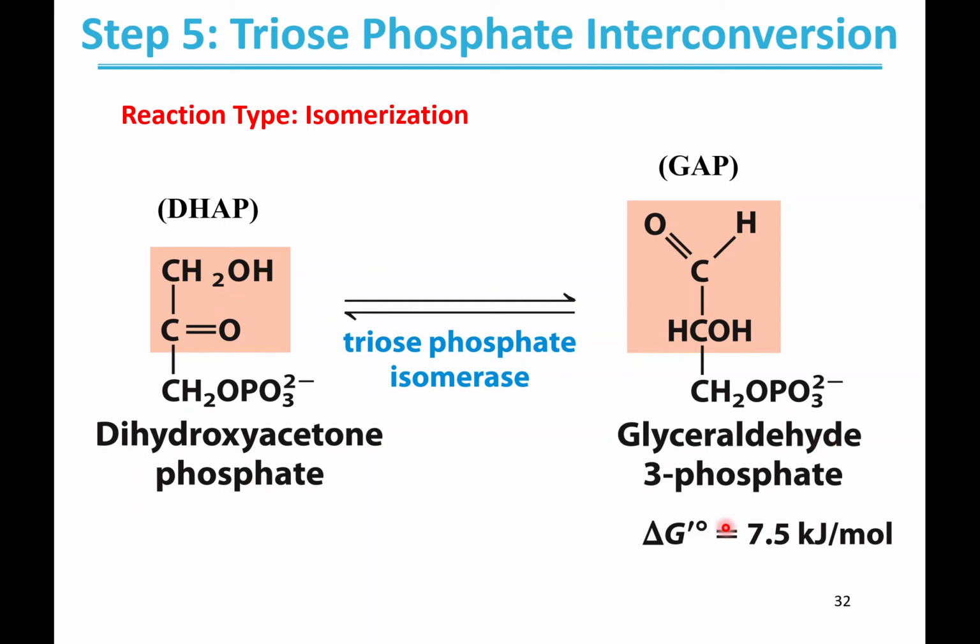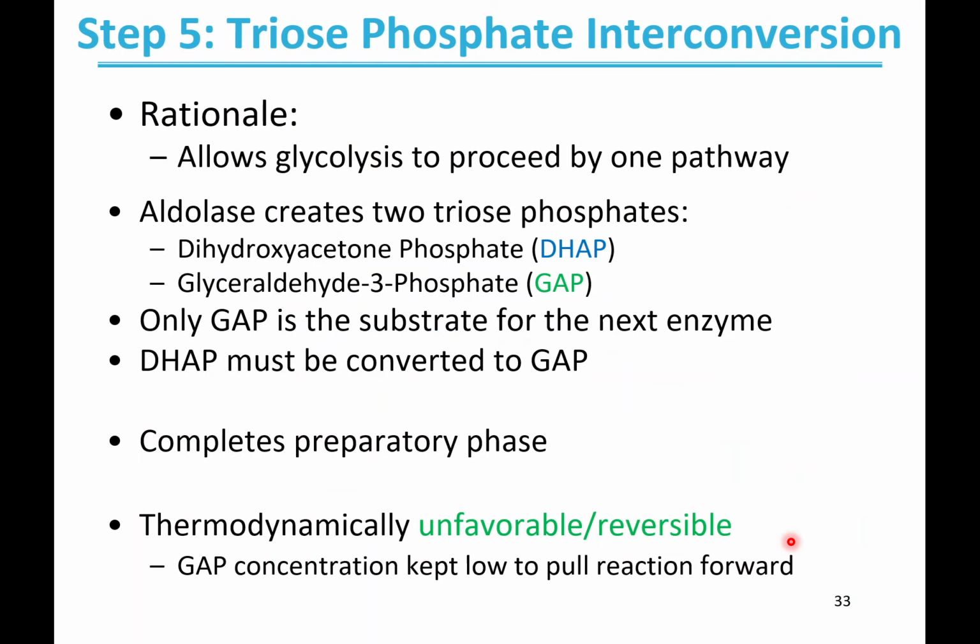The delta G naught prime is a positive value, not very high, but positive. The rationale behind this step is that it allows glycolysis to proceed by one pathway. If you didn't do this step and had one dihydroxyacetone phosphate and one glyceraldehyde 3-phosphate, those would have to go through 2 separate pathways after that.